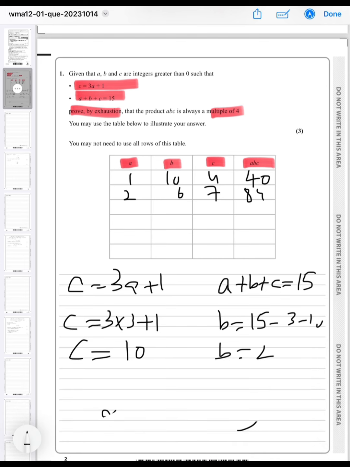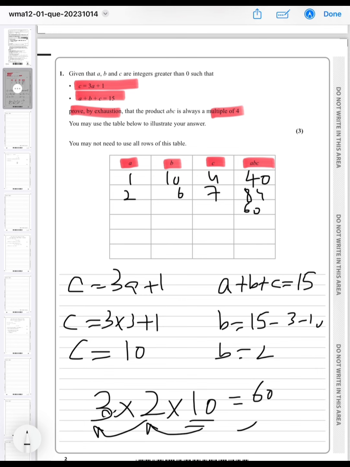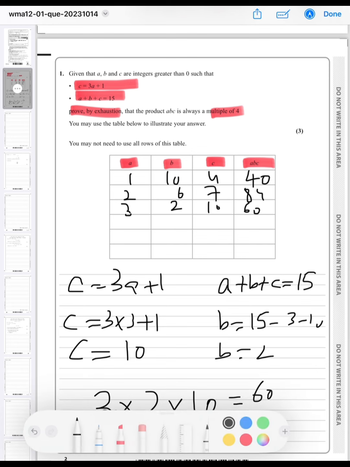So now a is 3, b is 2, and c is 10. 10 2s are 20, and 20 3s are 60. So 60 is also a multiple of 4. So there you go: 3, 2, and 10. Okay, fine. So 3 cases are enough, and this question is done now.